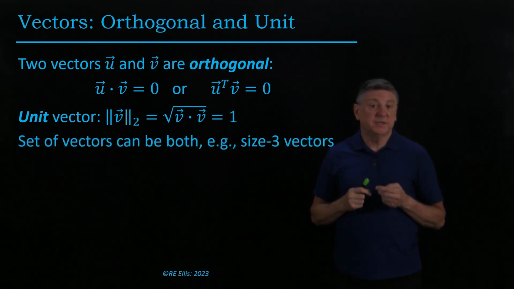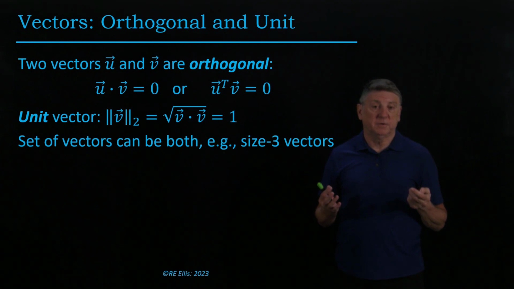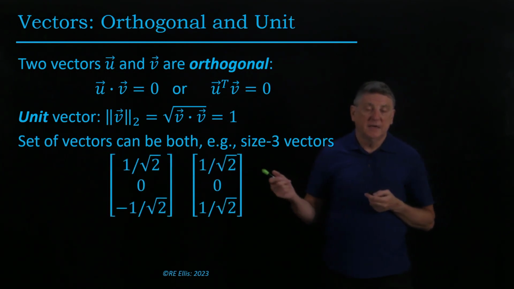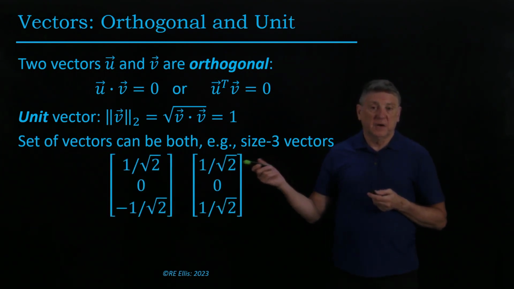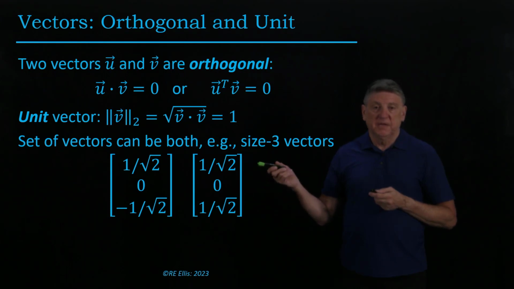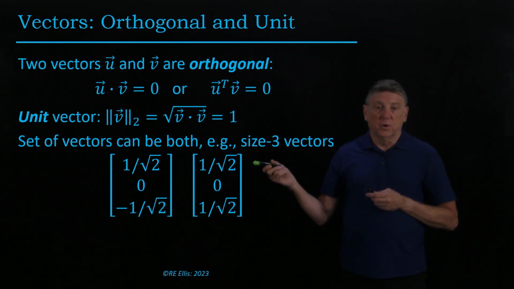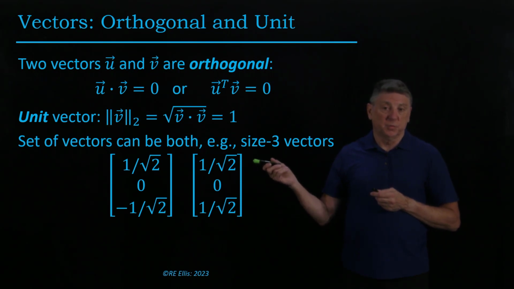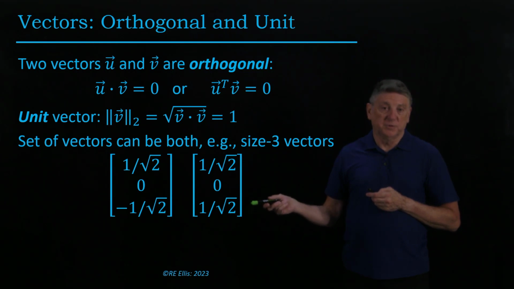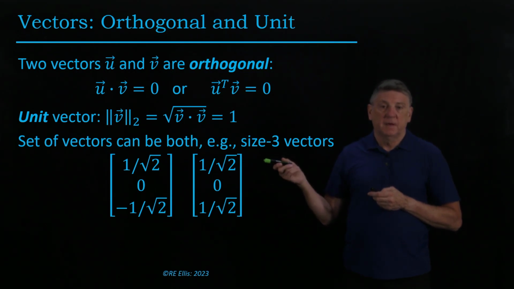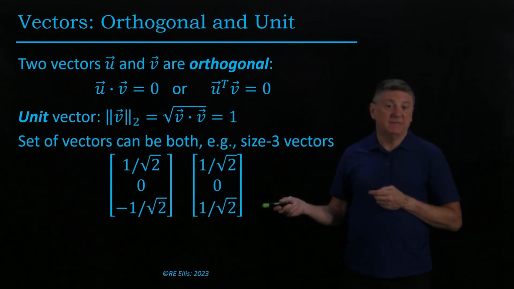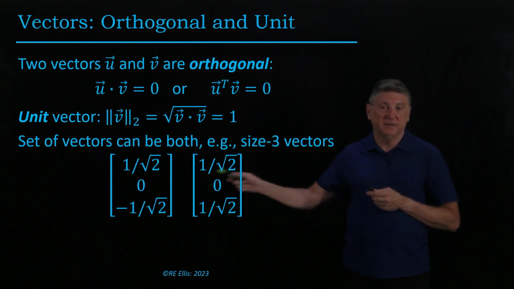A set of vectors can be both. Suppose that we have a pair of size 3 vectors. I'll just work with this one first, and let's look at its magnitude. 1 over root 2 times 1 over root 2 is 1/2, 0 times 0 is 0, 1 over root 2 times 1 over root 2 is 1/2. 1/2 plus 0 plus 1/2 is 1, so this is a unit vector.